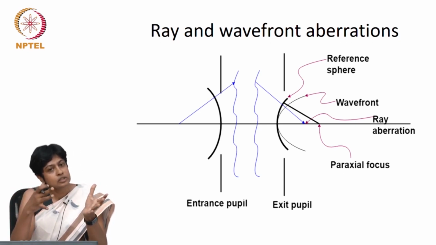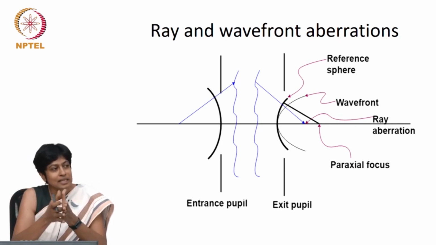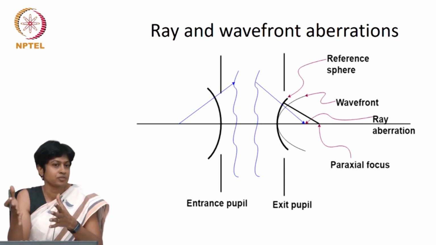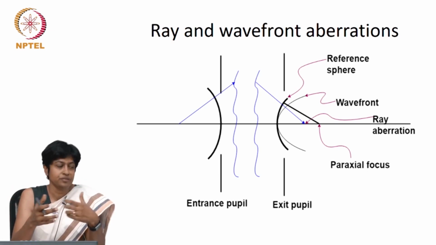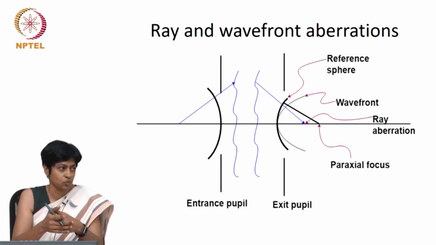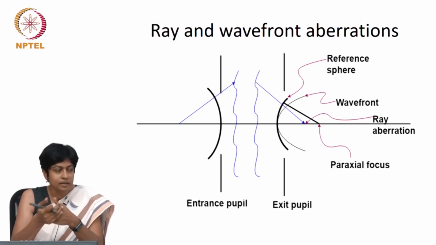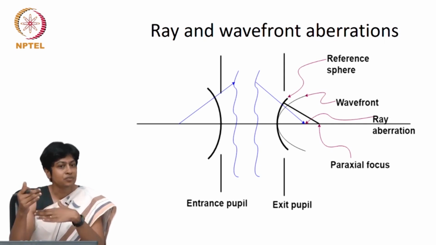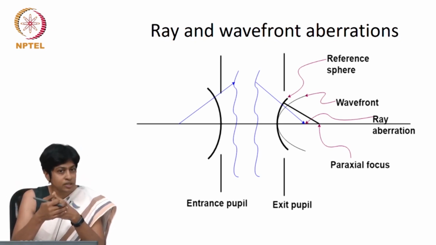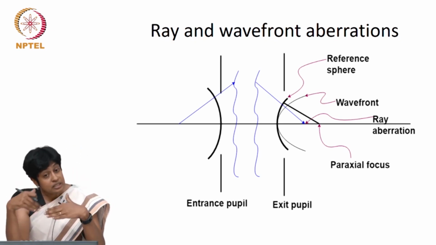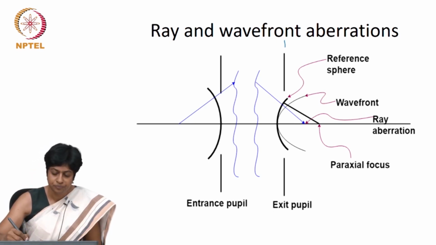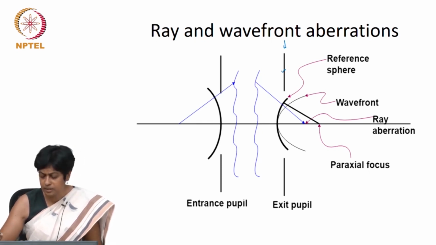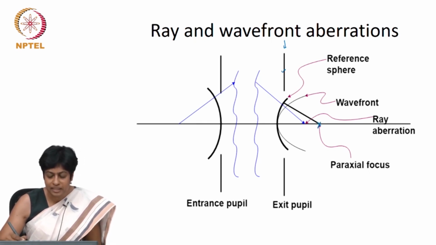I told you that we talk about the aberration as basically the displacement of the ray from its ideal position. But how do I quantify that? It turns out there are several ways of quantifying it. You could quantify it in terms of an angular deviation. Or in this plane, the ray should have been here, but instead the ray is here.